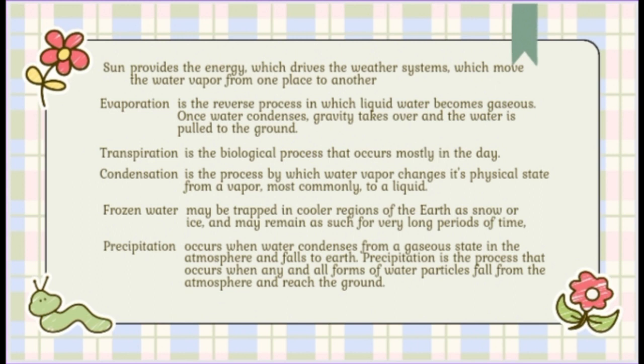Next is transpiration, the biological process that occurs mostly in the day. Water inside of a plant is transferred from the plant to the atmosphere as water vapor through numerous individual leaf openings.